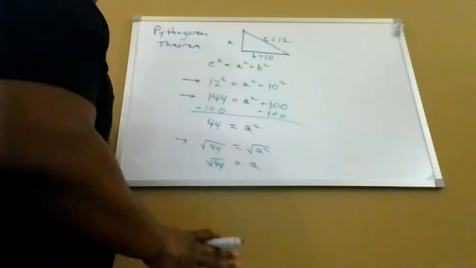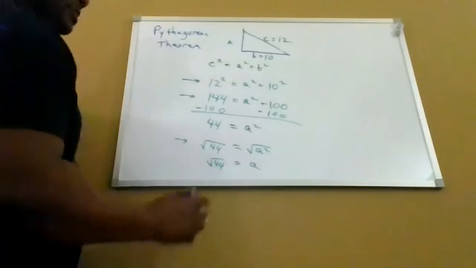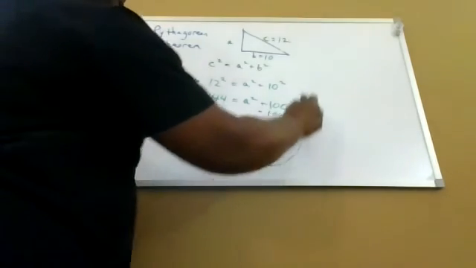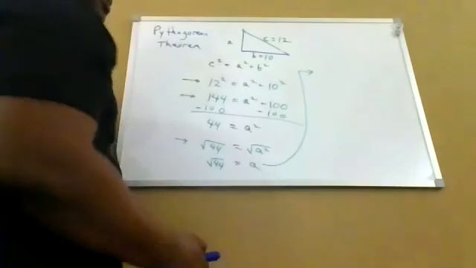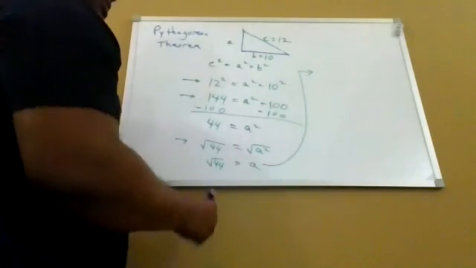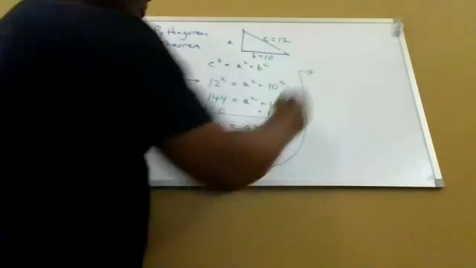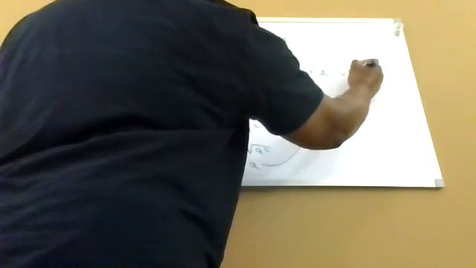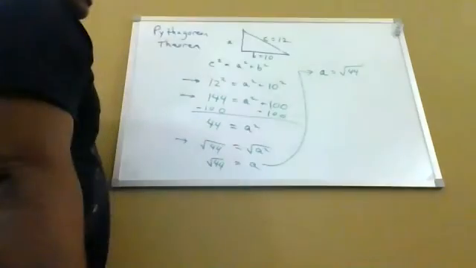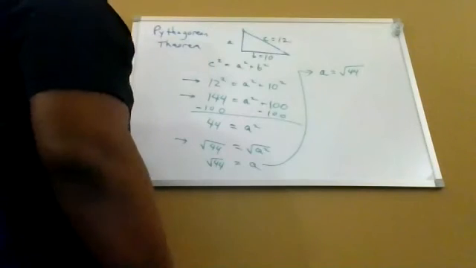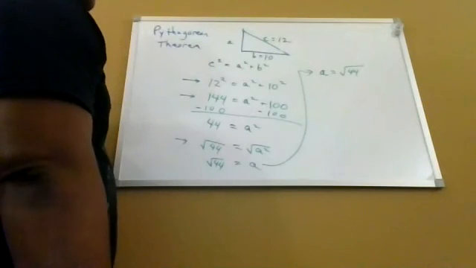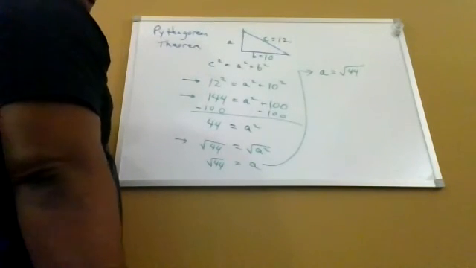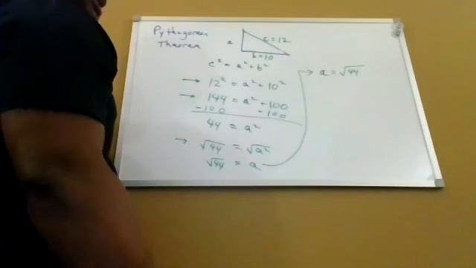Now that can be simplified more. So up here I'm going to write a equals square root of 44. Well, doesn't 44 equal 11 times 4? Well, let's write it like that.